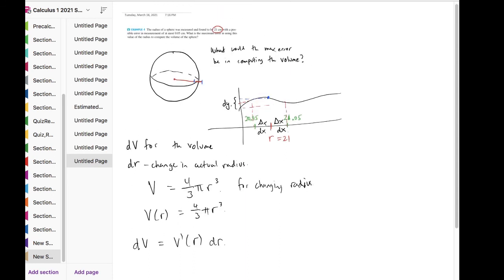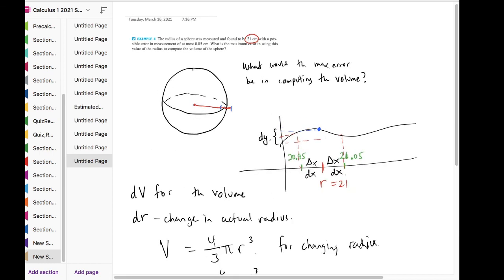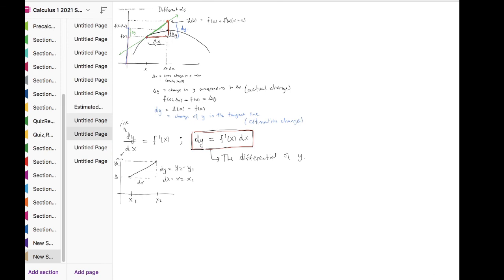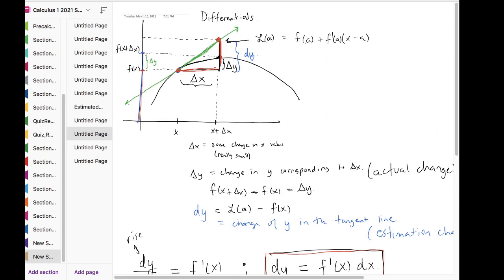So remember, the differential computes, if we go to our picture again, how far off the error is from the value that we want.